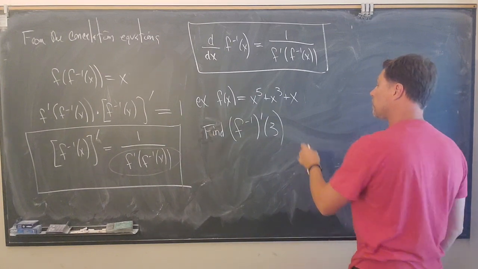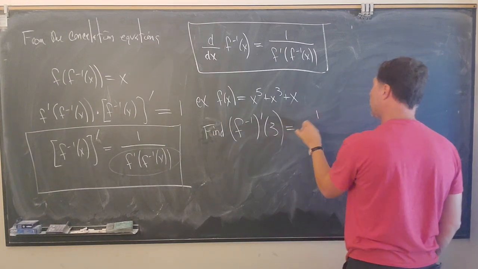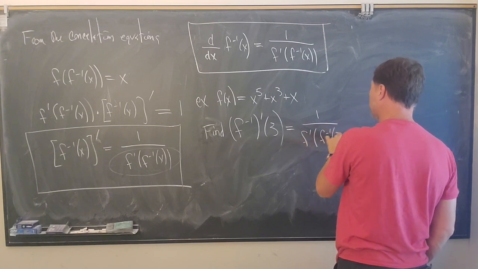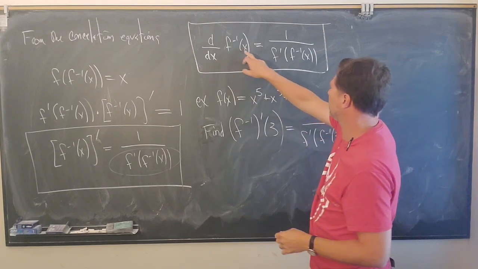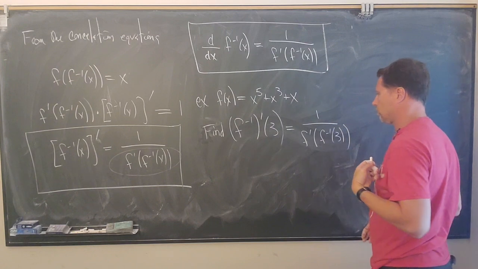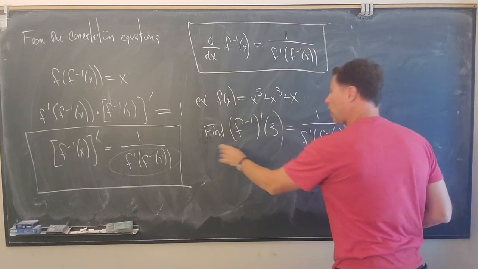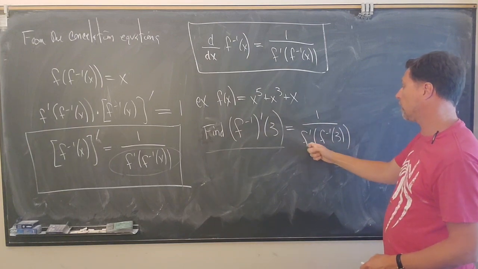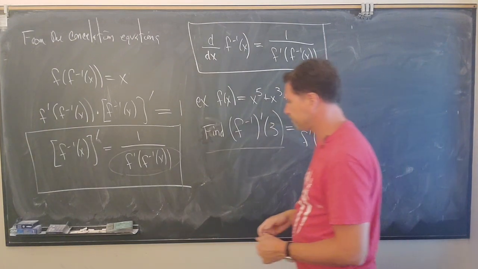According to our formula, that's going to equal 1 over f prime of f inverse of 3. All I'm doing is putting a 3 where we see x. Okay, so the first step, our instructions are right here. First step is to remember our formula. It's the reciprocal of f prime of f inverse of 3.